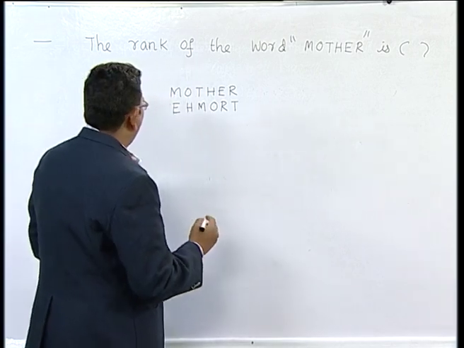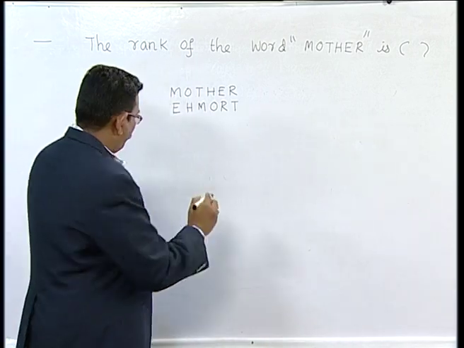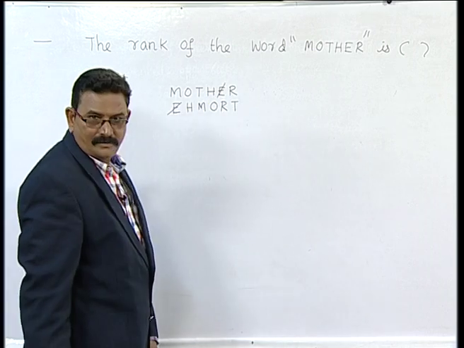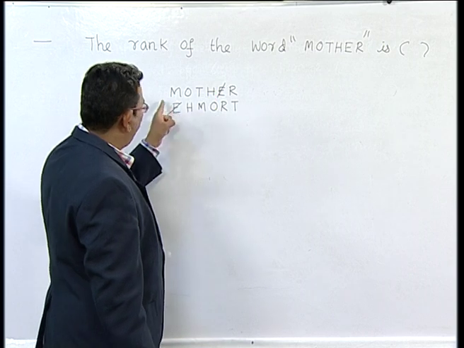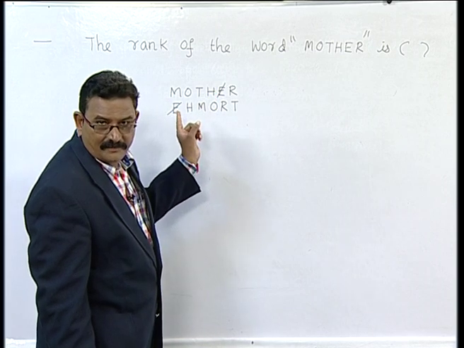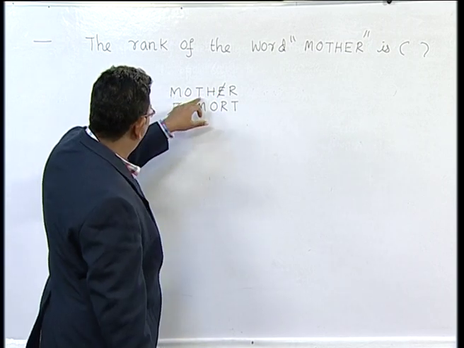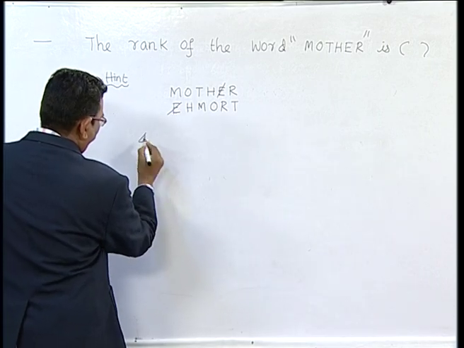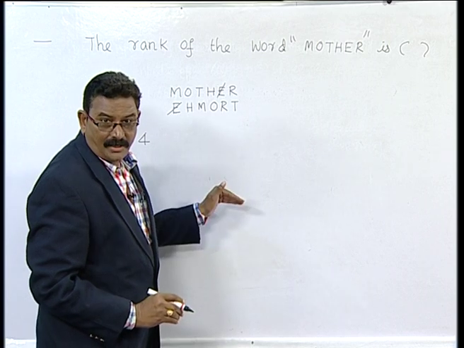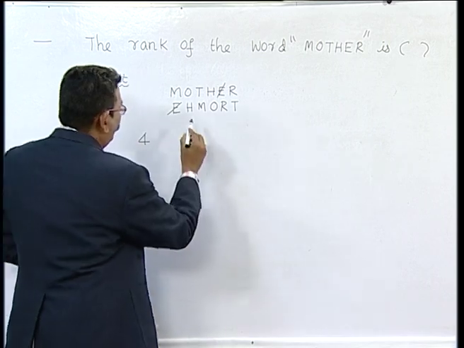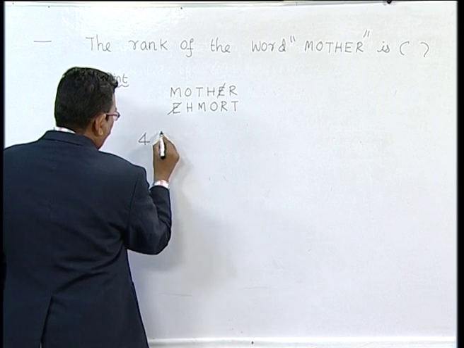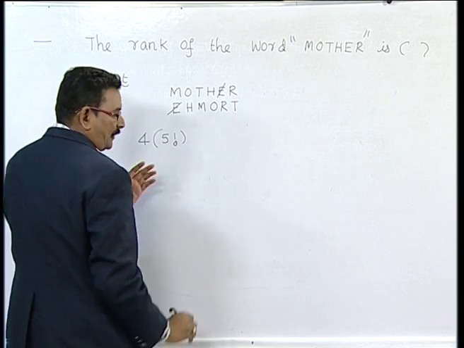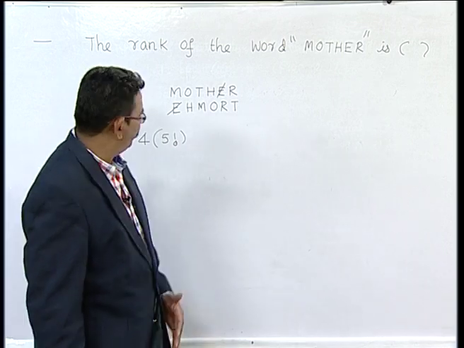Now, first cut E. Before this E, how many letters are there? Count 1, 2, 3, 4, yes 4 letters. Here write 4 simply. After E, how many letters are there? 1, 2, 3, 4, 5. So, you write down 5 factorial. You know what is meant by factorial, I will explain that later, do not worry.